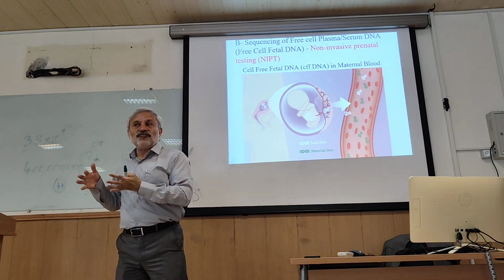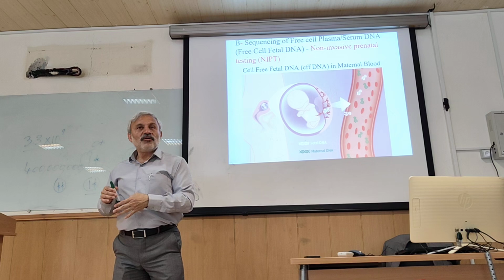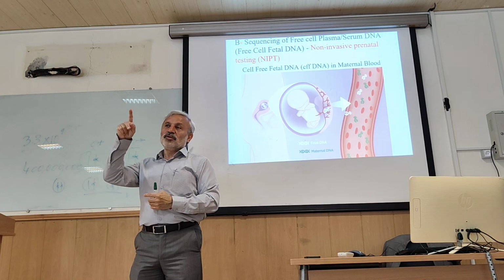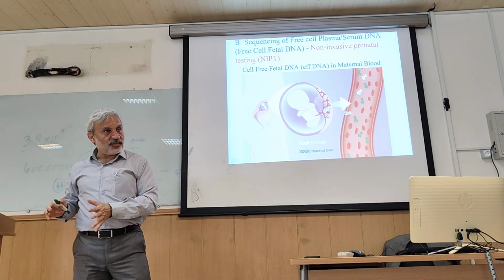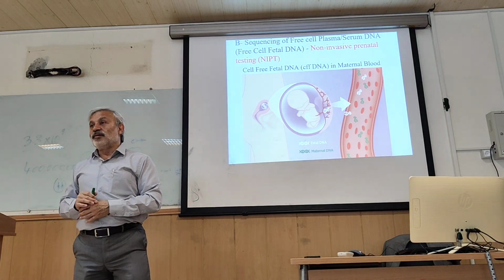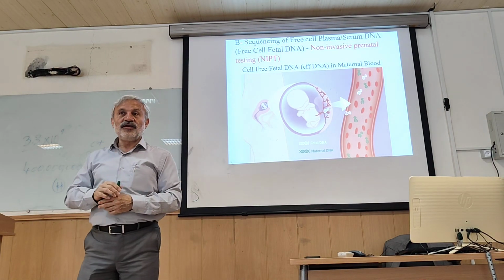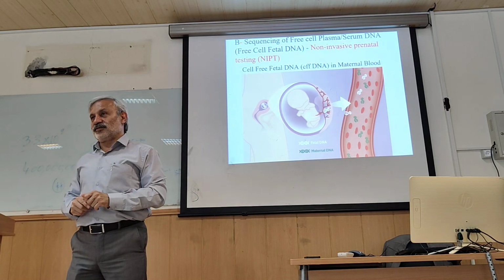If we see in the fetus DNA we have 2 chromosome 21, we say this baby suffers from Down syndrome. Exactly. But not exactly. We say possibly, because it is a screening test.